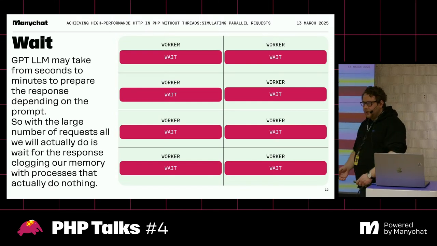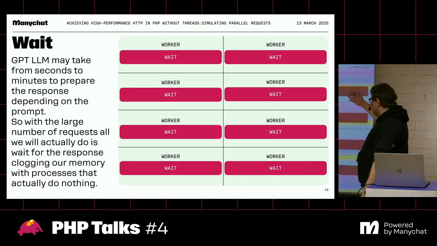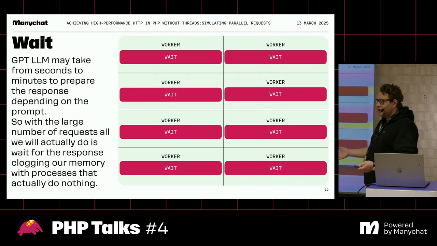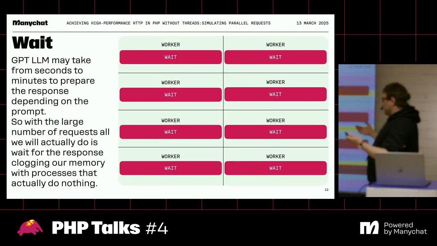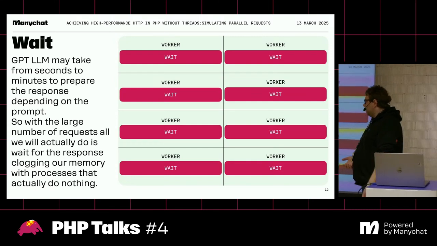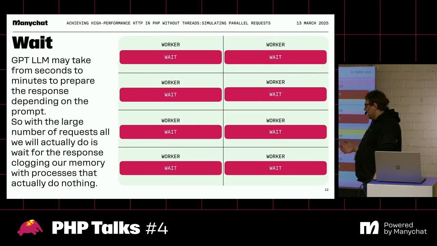And if there are lots of concurrent requests that are making the request to the AI model, you will end up with all the workers, all of them waiting for the response and effectively doing nothing except consuming the memory and maybe more importantly, database connections, cache connections, logger connections, and all these resources that you need to keep it running.